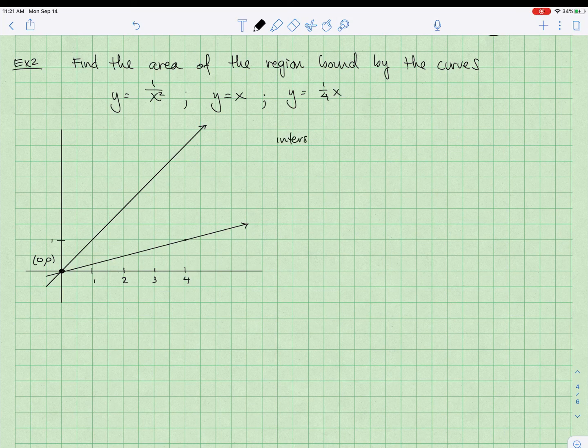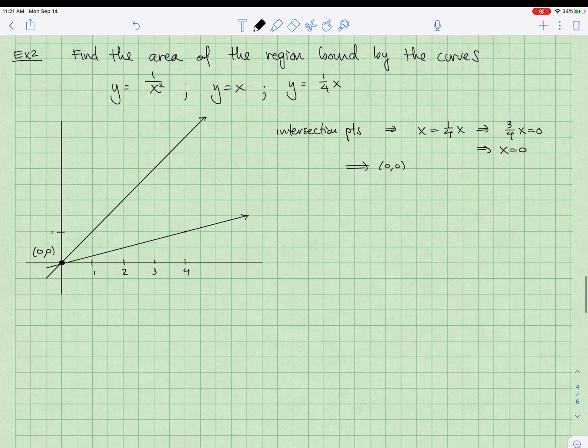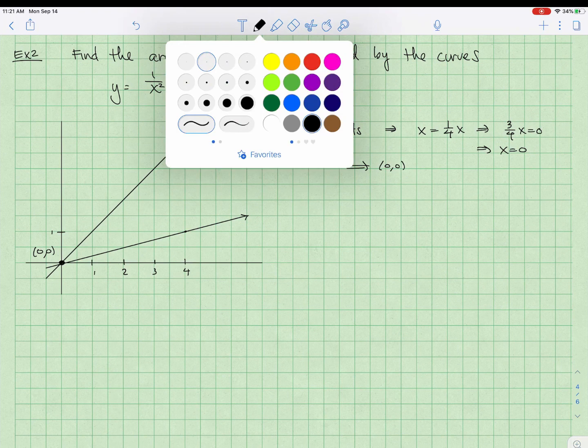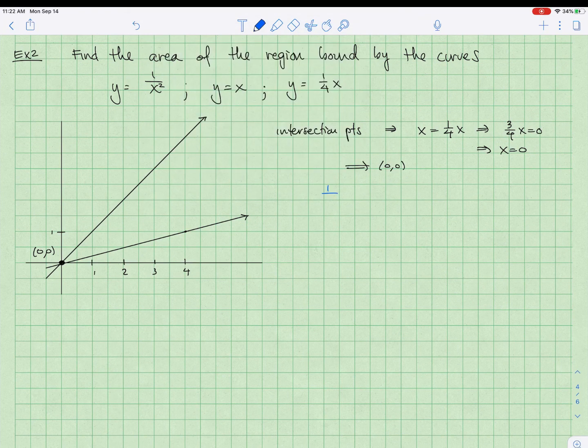So intersection points. If you wanted, you could find out where the lines intersect. x equals 1/4 x if 3/4 x equals 0, which implies x equals 0, which is the point 0, 0. But we already had that visually. We also might consider where 1 over x squared and x intersect.